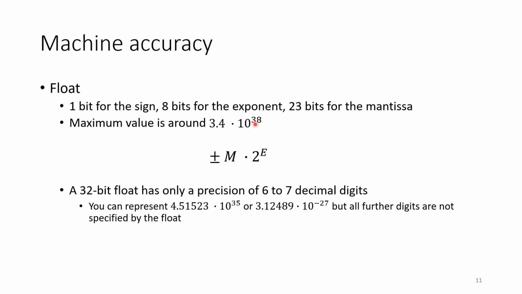That means if we're going to the upper limit, we can store something like 4.515323 times 10 to the 35. But I cannot specify what comes after the 3, because I have only the memory to store 6 to 7 digits.